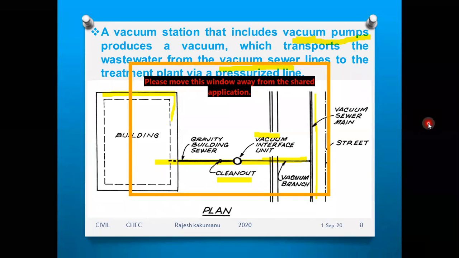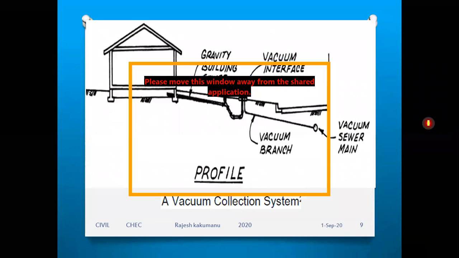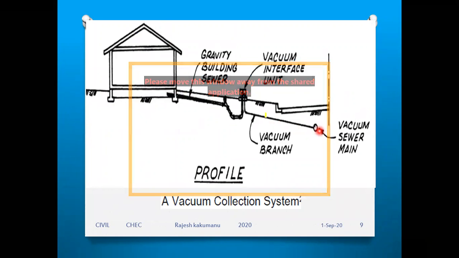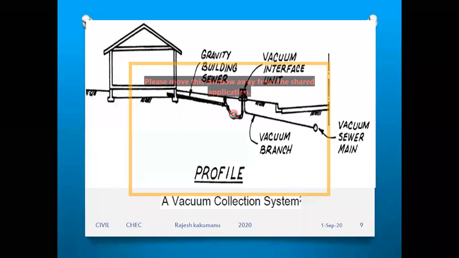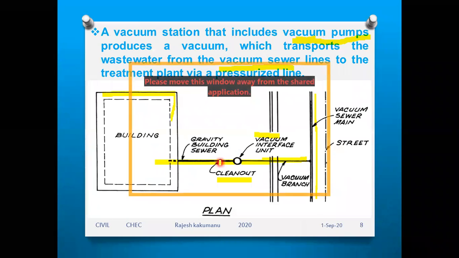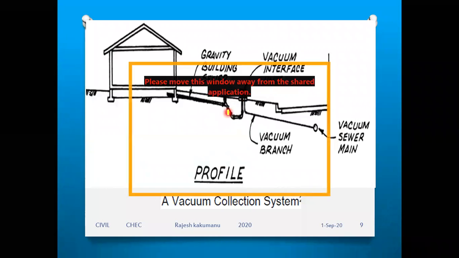So this is the way the vacuum processing system is carrying on. Next, if you see the same thing, what's happening, see the front view, this is a house, this is a small layout terrain, this is a road where you have the gravity building sewer. Generally at some position we have a clean out, and you have a clean out here also, shown in the front view, and you have the vacuum interface, from this the vacuum pipes.